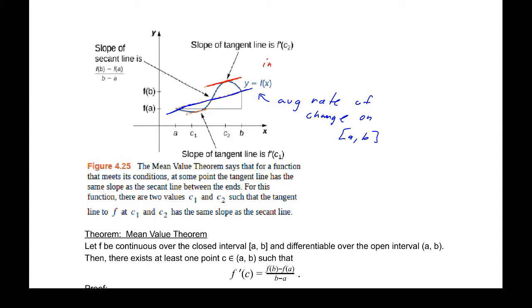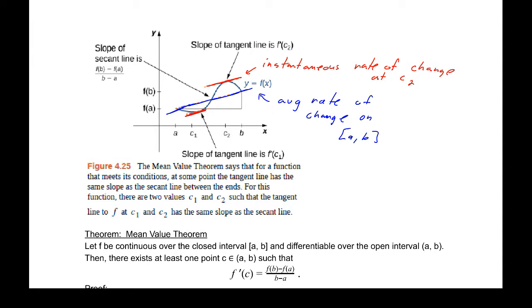This is the instantaneous rate of change at c2, because that's the point that it's at. And similarly, this down here is the instantaneous rate of change at c1.